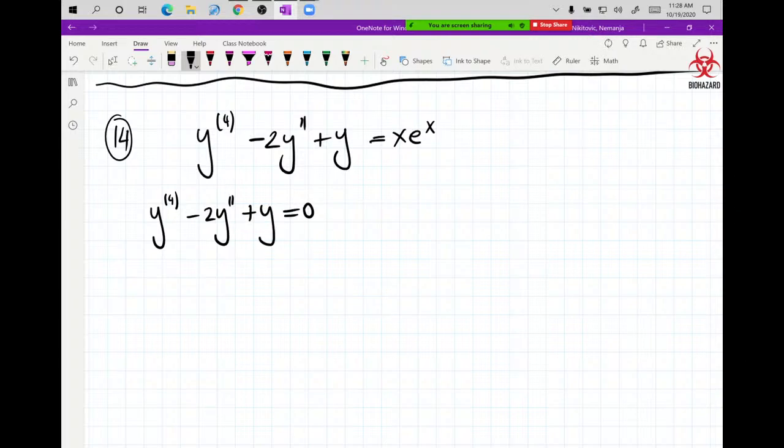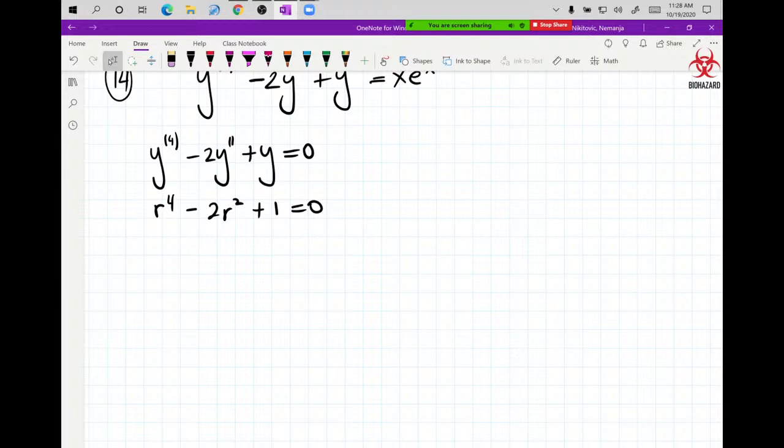So we have our differential equation, the homogeneous case with the fourth degree. That's going to be r to the 4 minus 2r squared plus 1 equal to 0. Now, if you studied algebra, you would know that this compresses into r squared minus 1, squared, right?